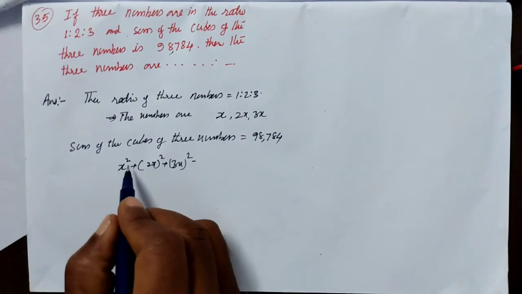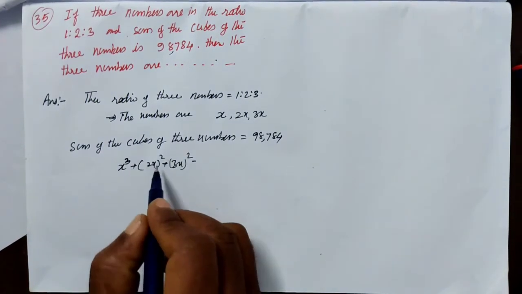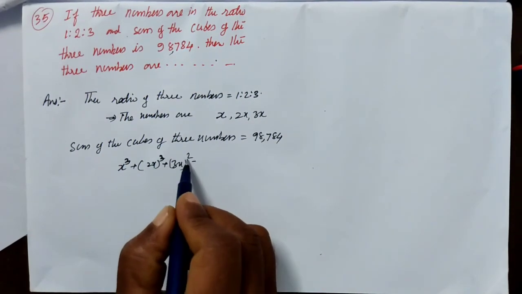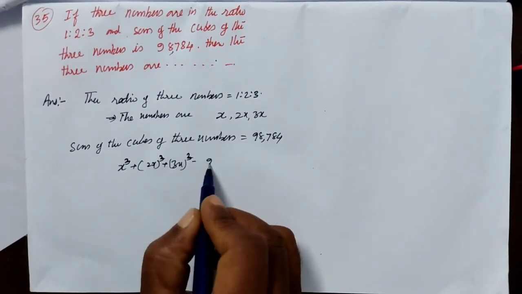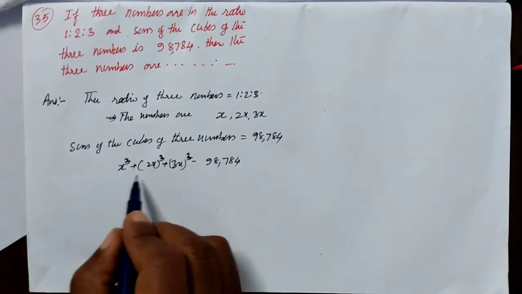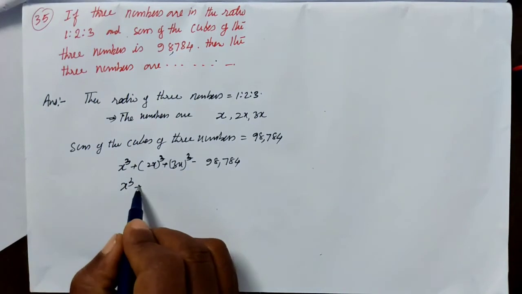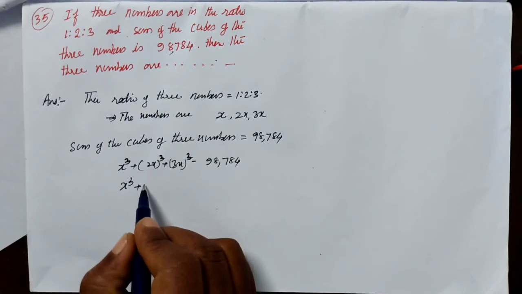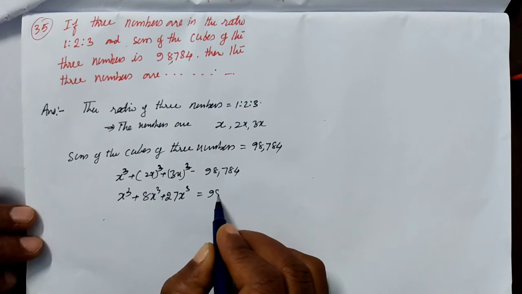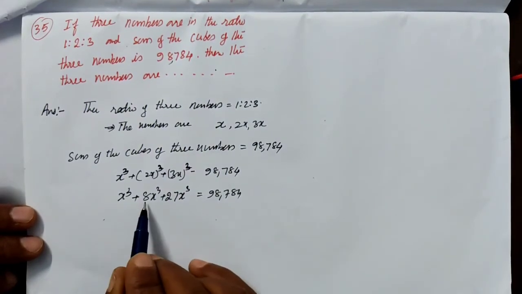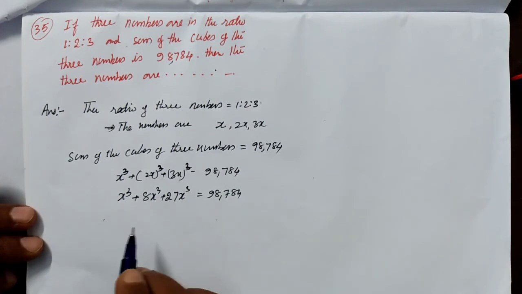So x cube plus 2x whole cube plus 3x whole cube is equal to 98,784. 2 into 2 into 2 is 8, so x cube plus 8x cube plus 27x cube.